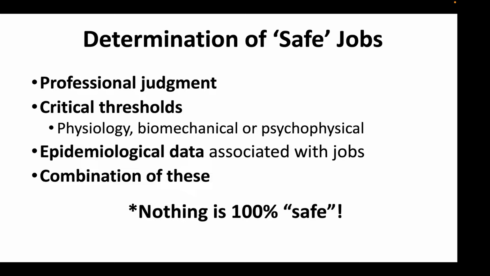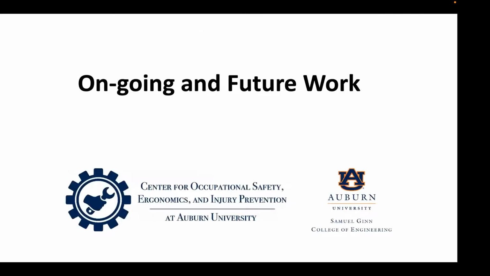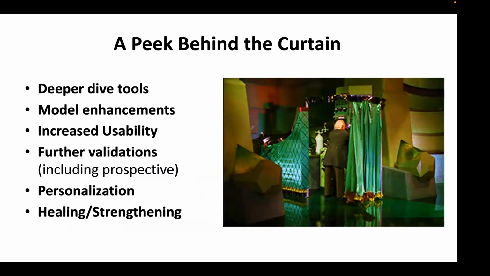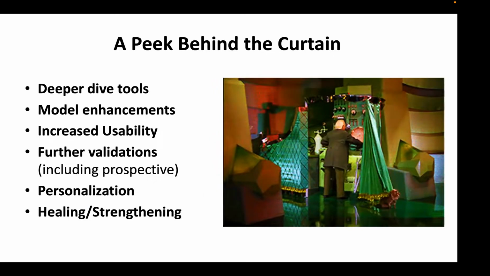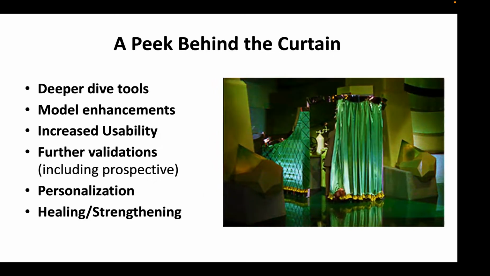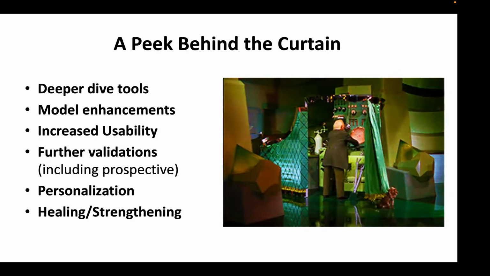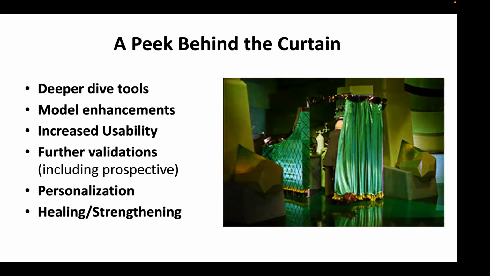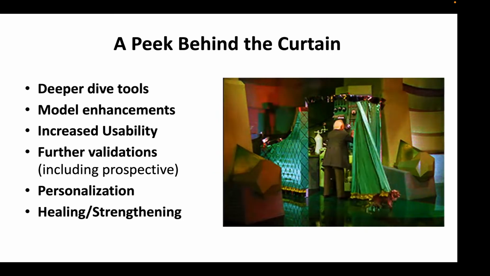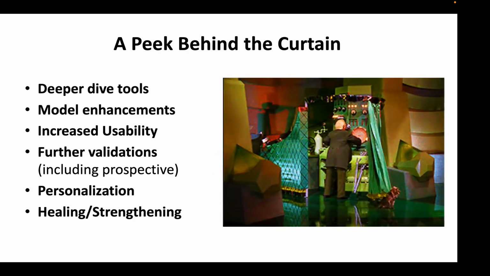So with that, I just wanted to share a few things ongoing in future work that our center, the Deep South Center, has been working on, and things that we see as the future. A peek behind the curtain here: we are working on deep dive tools. We're looking for model enhancements to include important variables that do not exist in the current fatigue failure tools, for example. We want to increase usability. I think our website could be made easier to use.